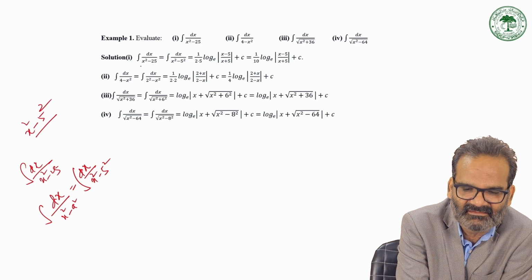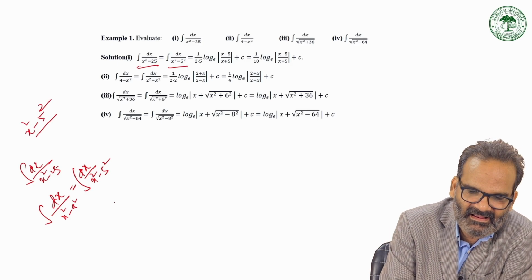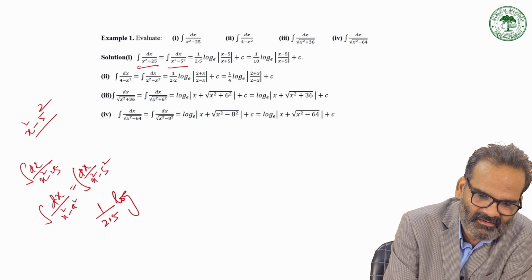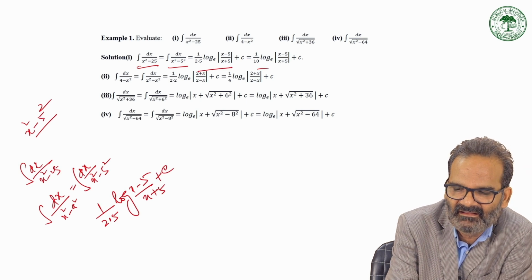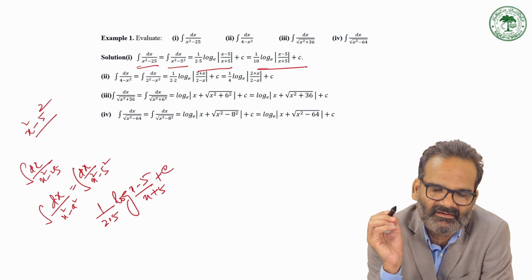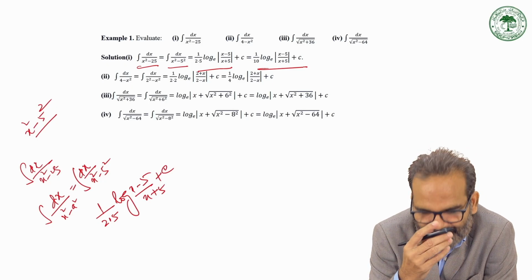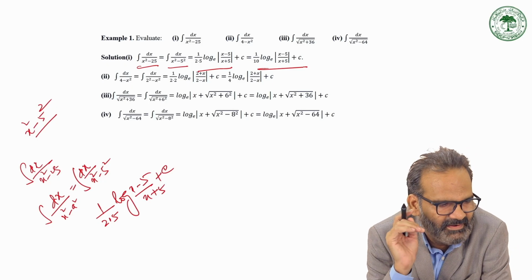Right? So this can be written like this, and the formula is what? 1/2a, that is 2 into 5, log|(x − 5)/(x + 5)| plus a constant. So we will get this, and finally 2 into 5 is 10, 1/10 log|(x − 5)/(x + 5)|, right?